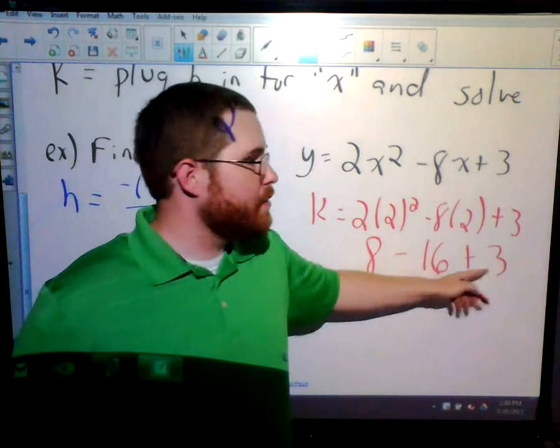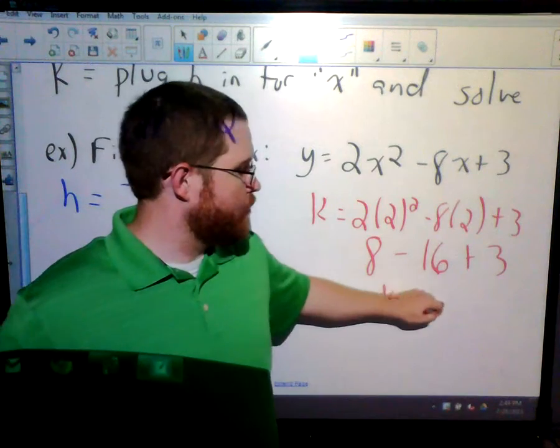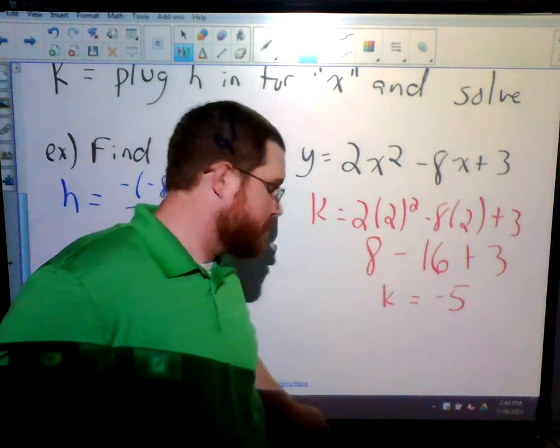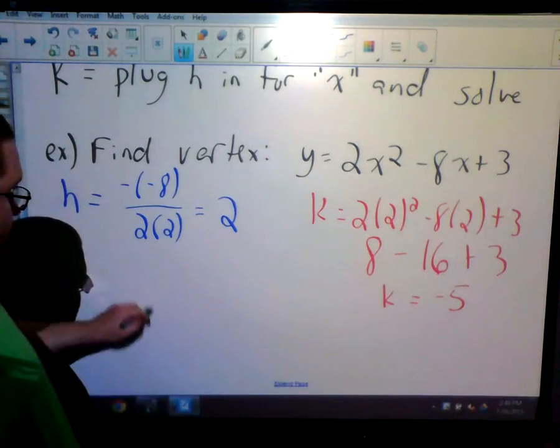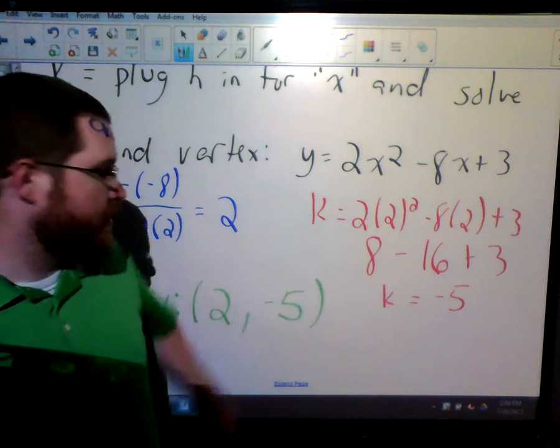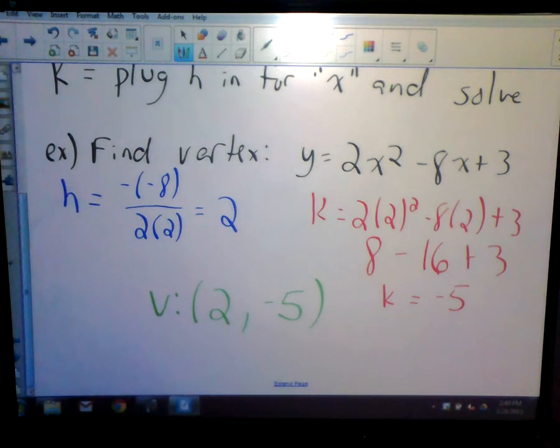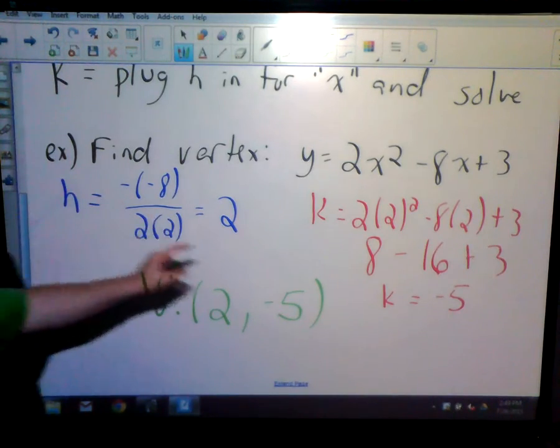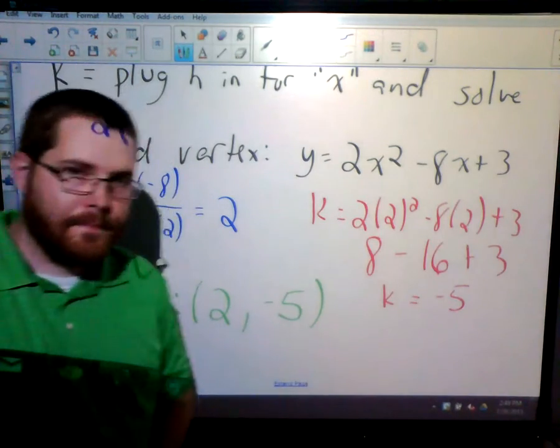That's negative 8 plus 3. So k equals negative 5. So what's my vertex? My vertex is (2, negative 5). Opposite of b over 2a, and then plug that in to find k.